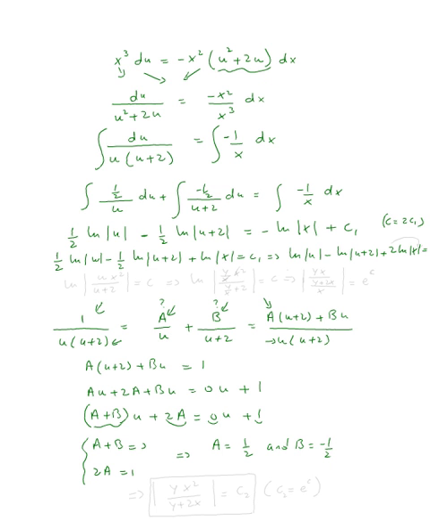Now we can write this as one ln. So ln of u over u plus 2, and then we can move the 2 here. This is the same thing as ln of x squared. So x times x squared.